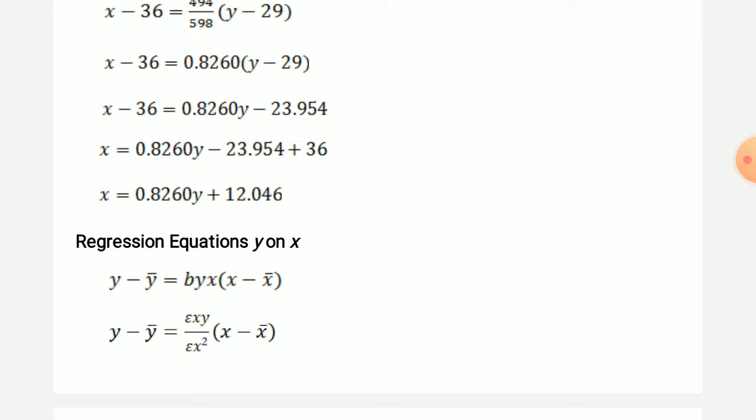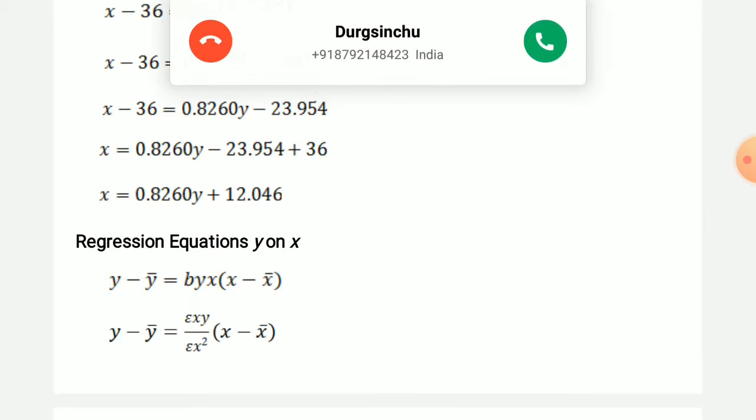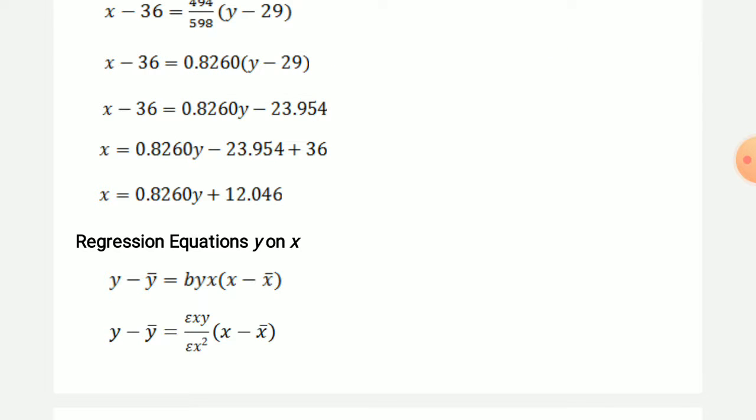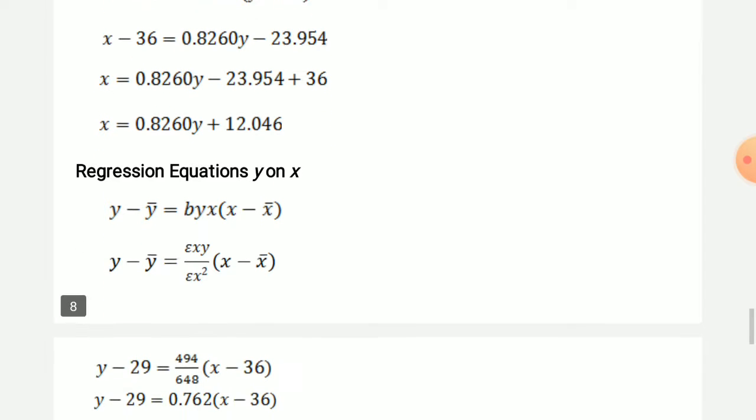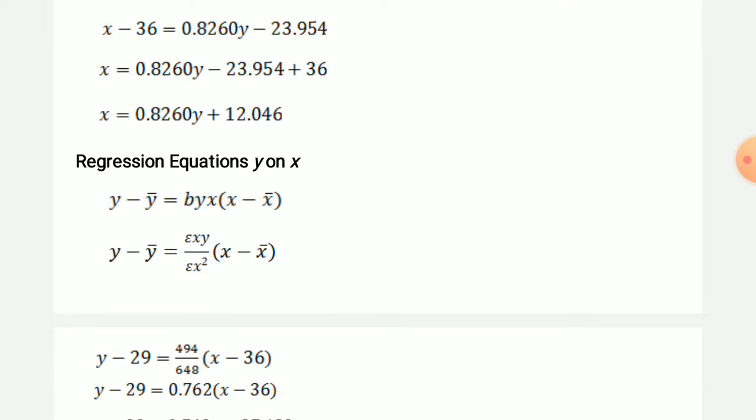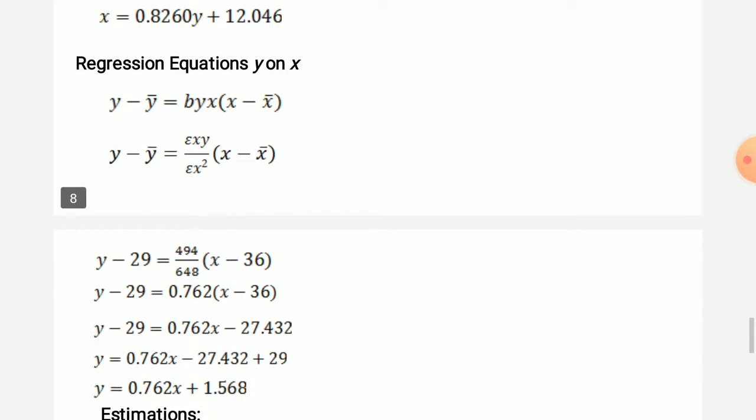Now x is equal to 0.8260 y, minus and plus, the difference will be plus 12.046. Now this is the regression equation x on y: x is equal to 0.8260 y plus 12.046.